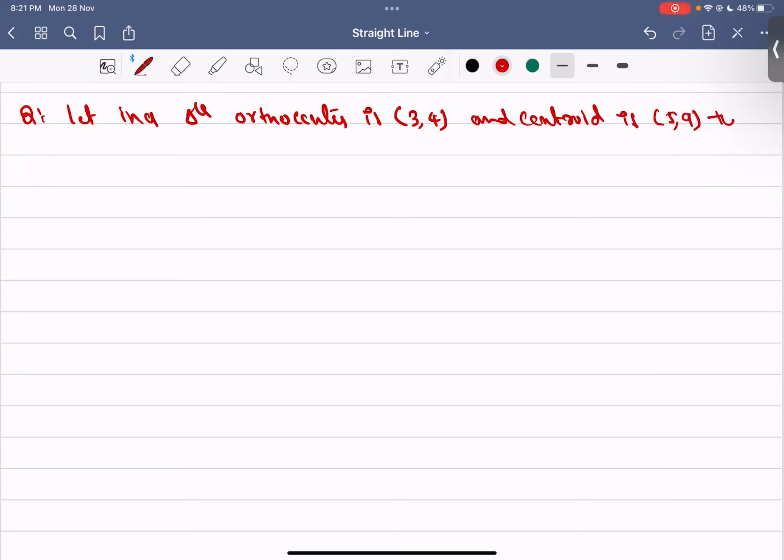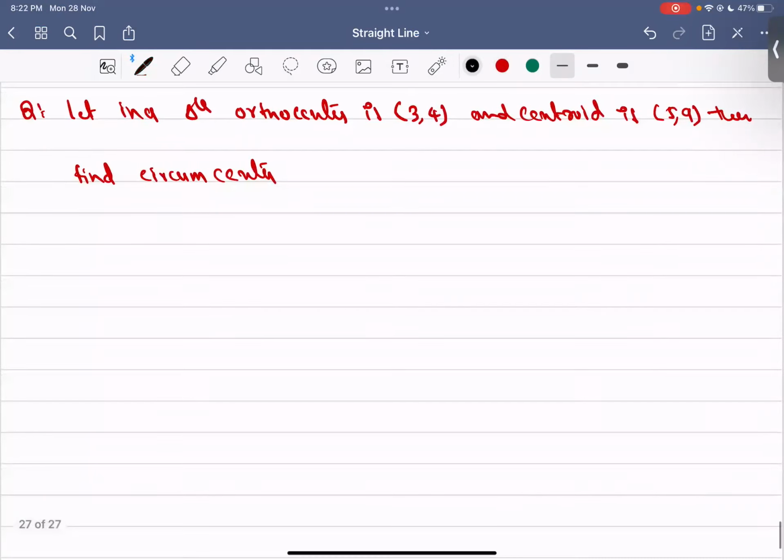Then find the circumcenter. This is the question.